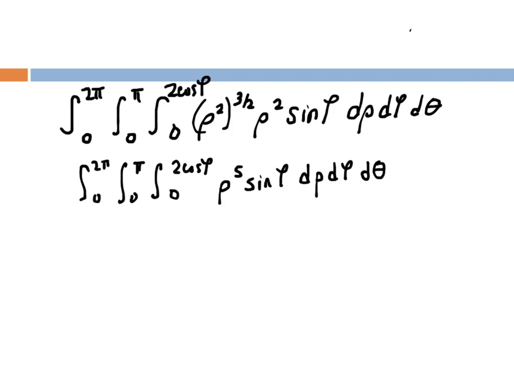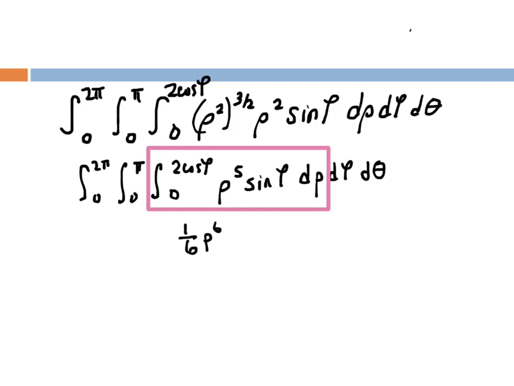And we'll start out on the innermost integration. So, of course, rho to the 5th would be 1/6 rho to the 6th sine of phi. But we're going to evaluate at 2 cosine phi and 0. Of course, if we evaluate at 0, we get nothing.